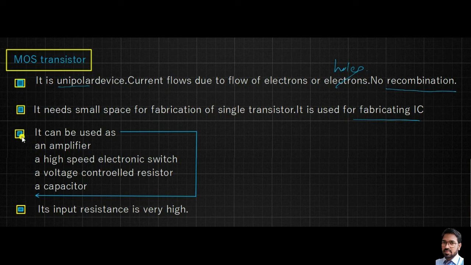The third important point about MOS transistors or MOSFETs is that one device can be used in different ways. In IC manufacturing, no external resistors are used. Resistors are needed to design the circuit, to bias, to maintain different voltages, and capacitors are needed to produce frequency responses and for grounding purposes.